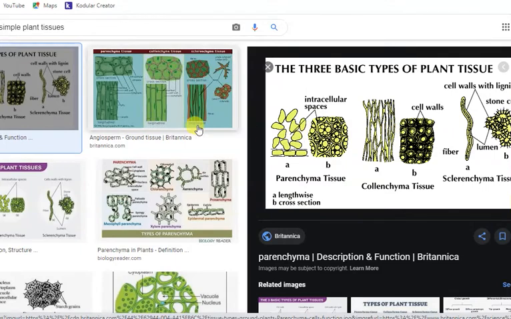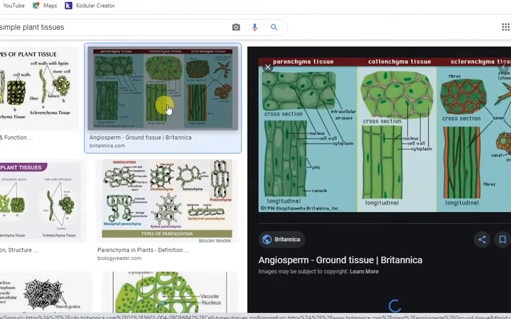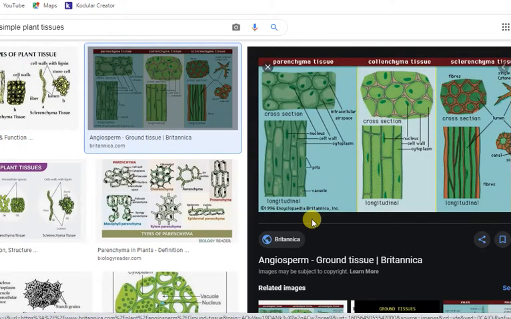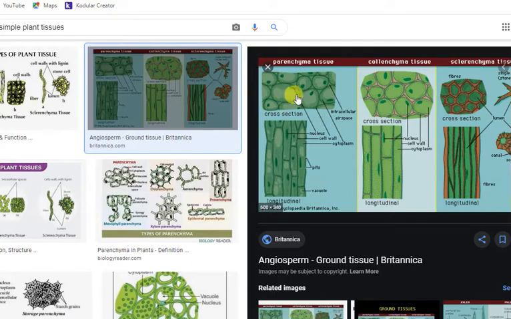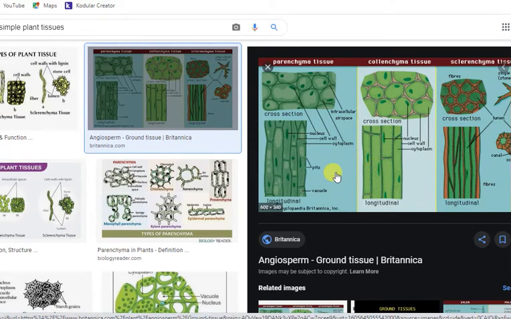You can also use this diagram to see how they are different. This is the longitudinal section and this is the cross section, showing how the cells appear. You can see the longitudinal section is similar in the parenchyma and the collenchyma, but as you can see here, there are no intercellular air spaces, which are labeled here.